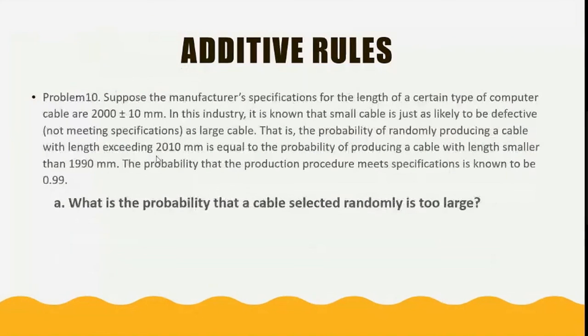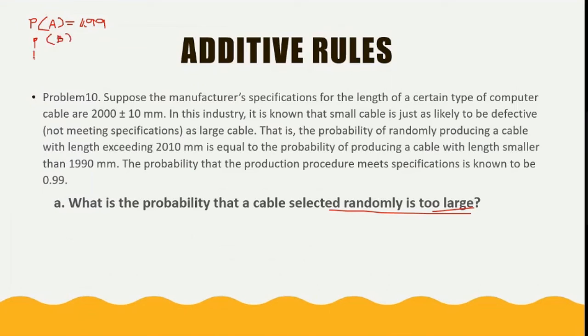So let's answer the first problem. We know that the probability of getting A is 0.99. Then what is the probability that the selected cable is randomly too large? Now, the probability of B is for the smaller one, right?